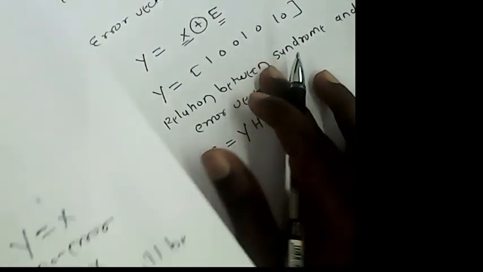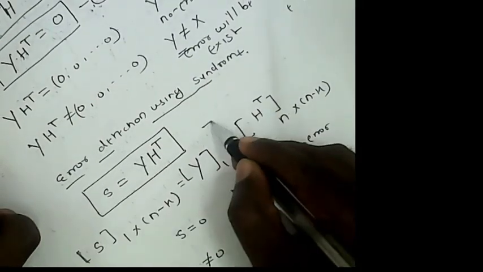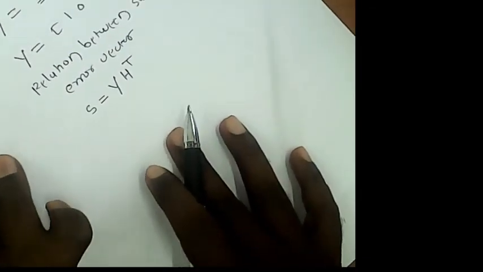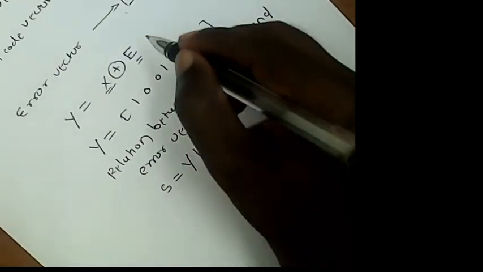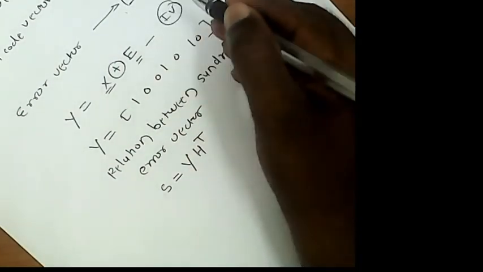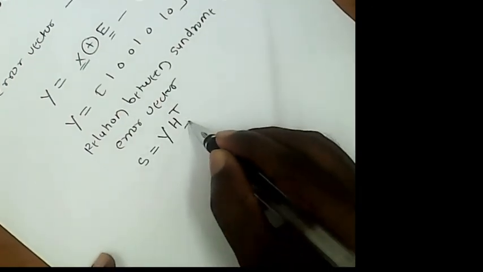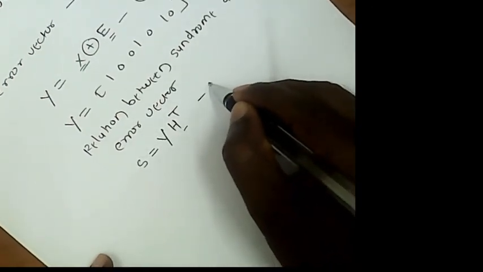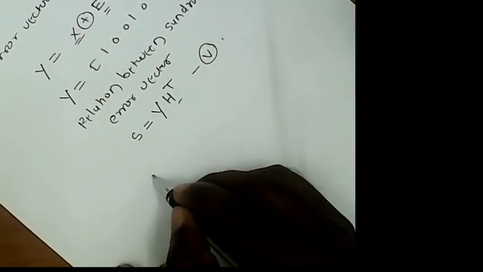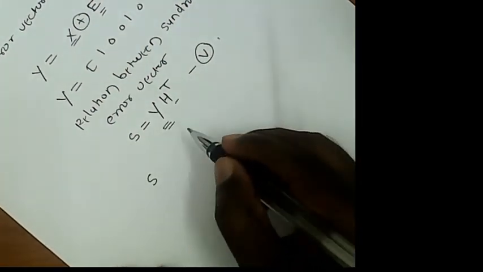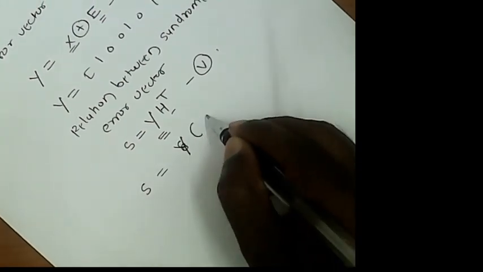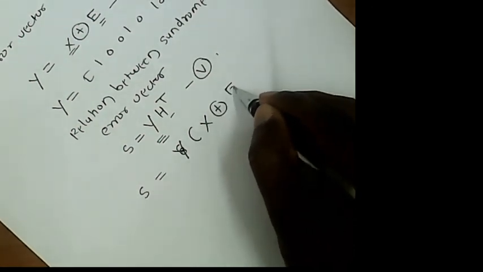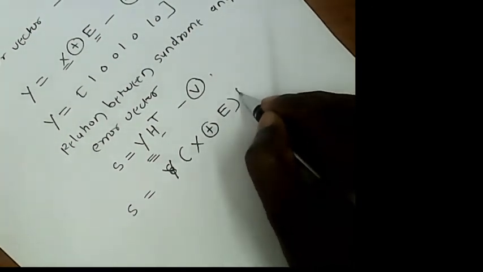So the syndrome, this is from equation number 3. Substitute the value of y from equation 4 into equation number 5. So we can put the value of y here. So S is equal to y, put the value x + e, times H^T.